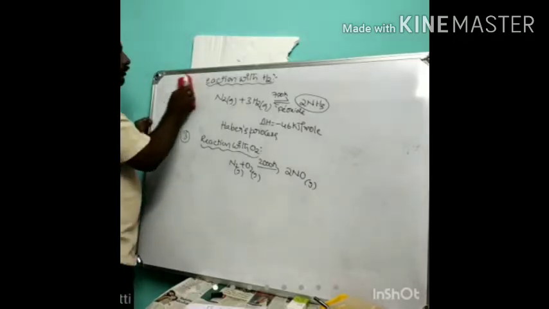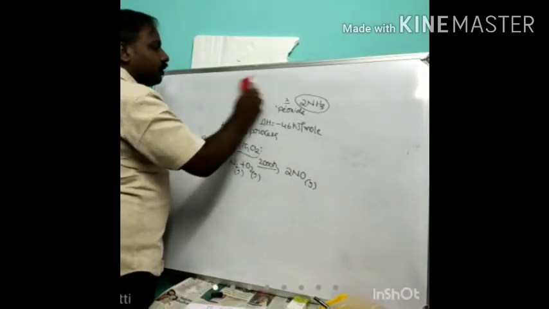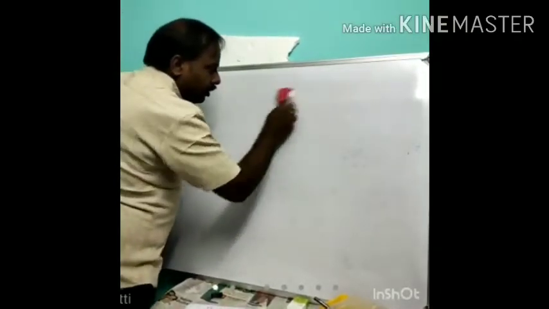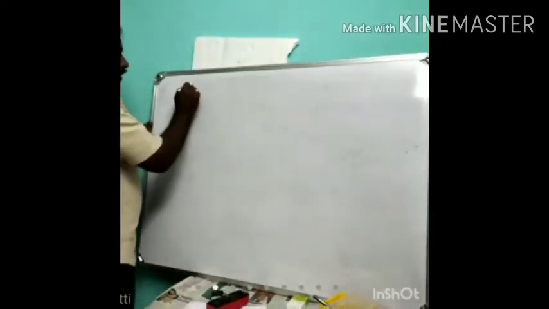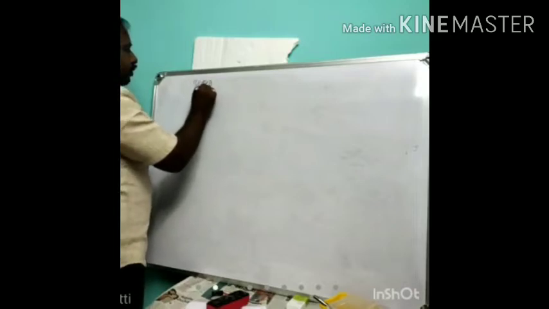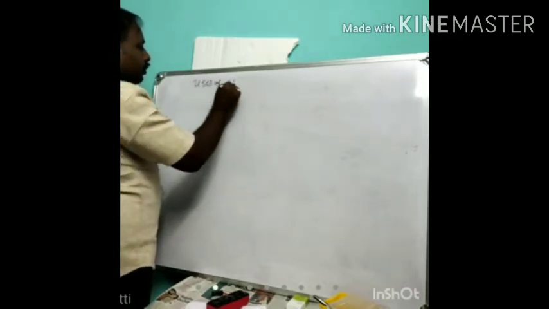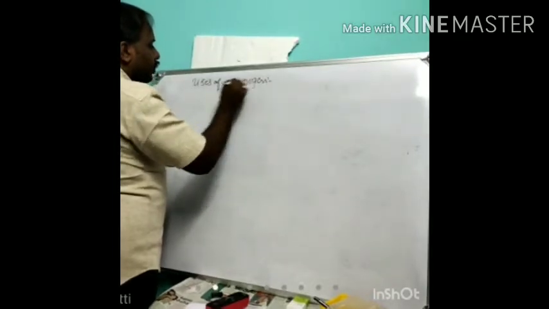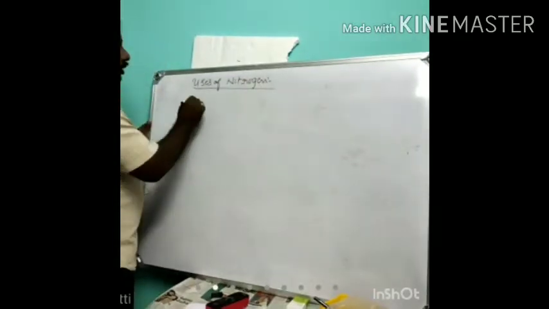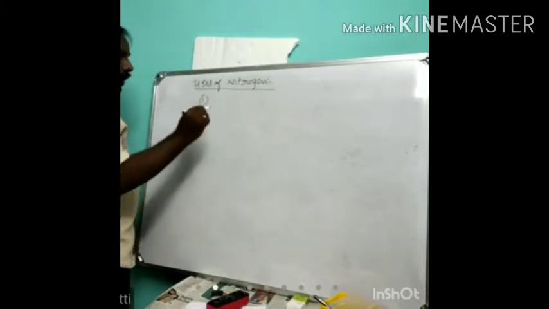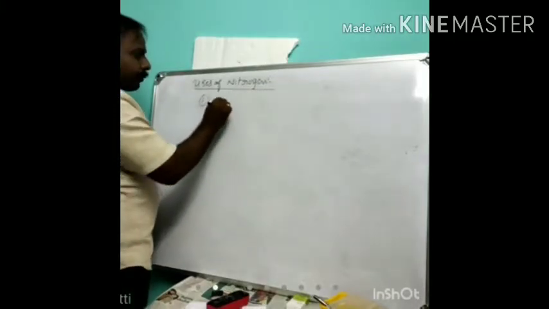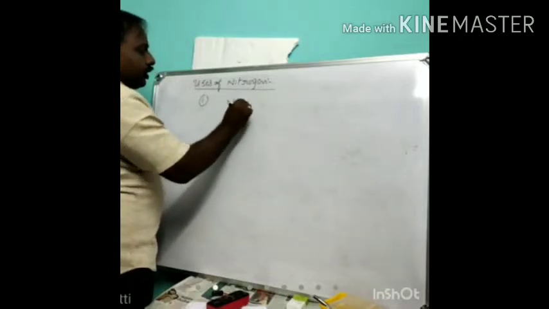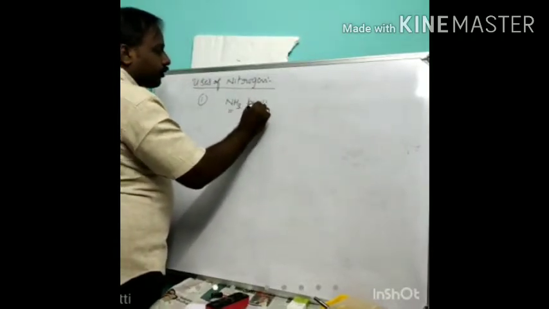Next, what are the uses of nitrogen? The first use of nitrogen is for the preparation of ammonia by Haber's process.